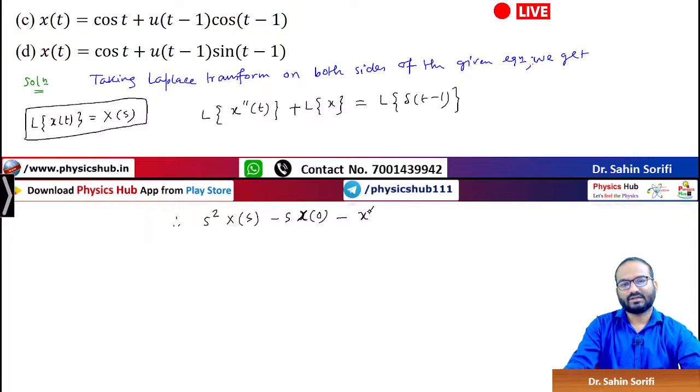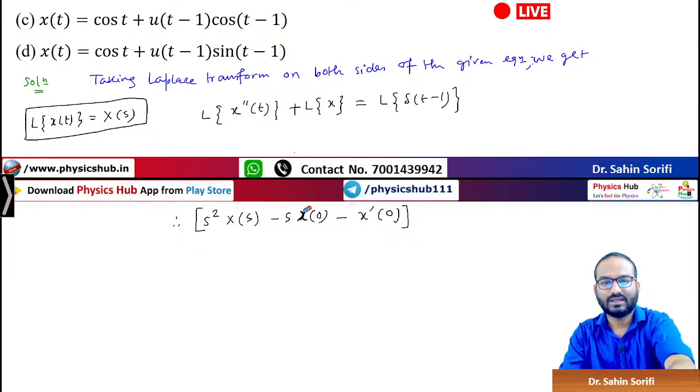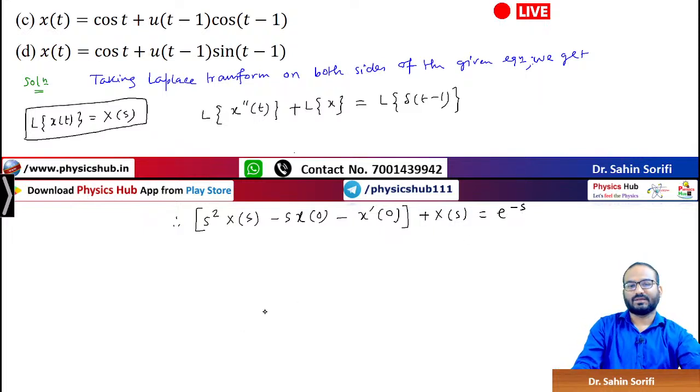Minus x prime of 0. Can you write it? This is coming from the first term, and from the second term, the Laplace transform of x is X of s. The Laplace transform of delta t minus 1 is e to the power minus as, so e to the power minus s, with a equals 1.